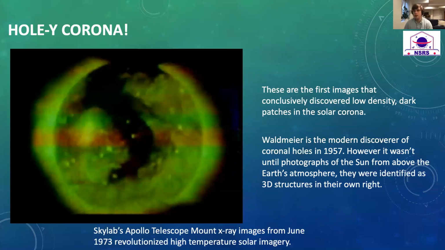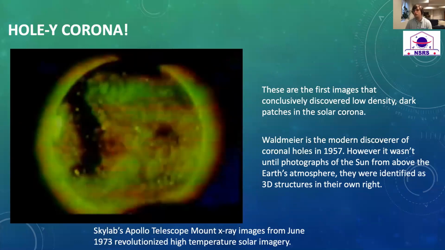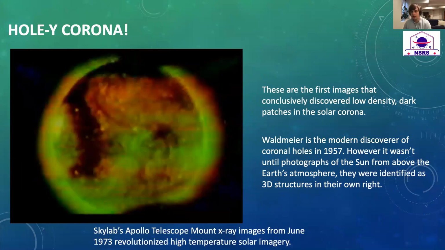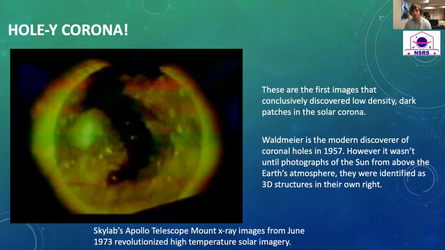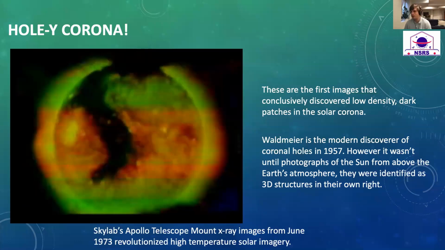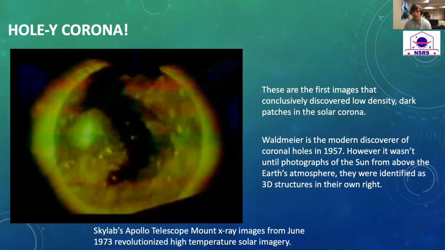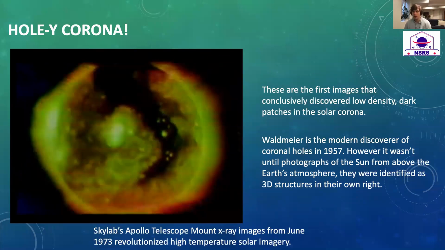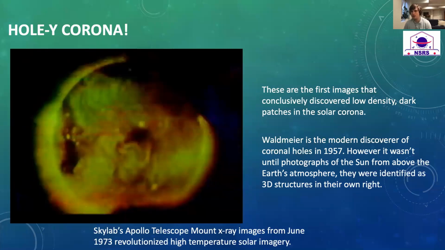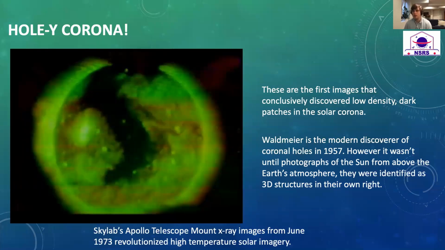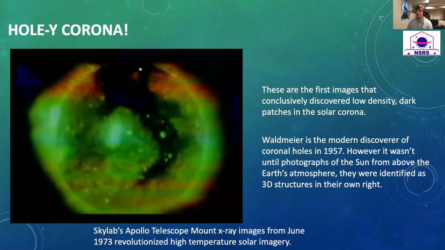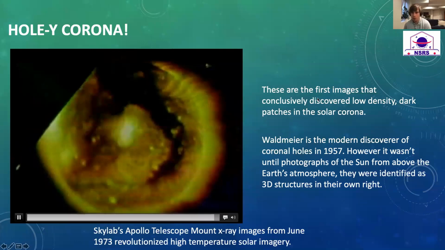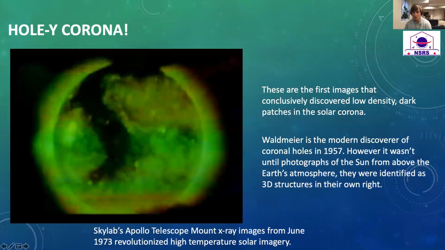What you're seeing in this animation is our first observation of coronal holes, from Skylab's Apollo Telescope Mount from 1973, one of the early space stations. They were taking X-ray images of the sun, and something shocking happened: it looked like there were pieces of the sun entirely missing in X-ray. The sun looks bright except for this large dark feature right in the middle. They started to call those coronal holes because it seemed like it was just missing plasma.